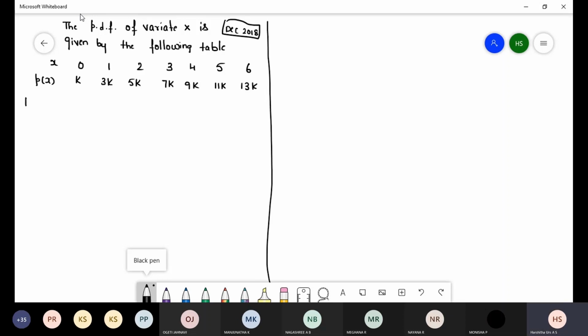Here also write the question: for what value of k does this represent a valid probability distribution?